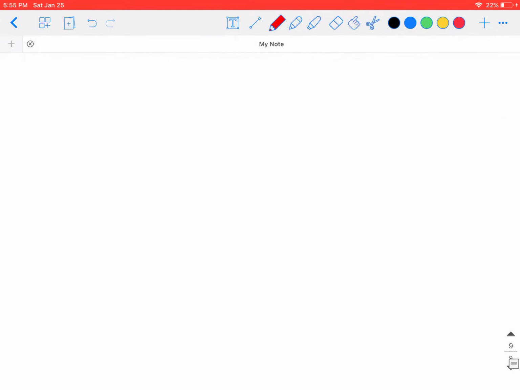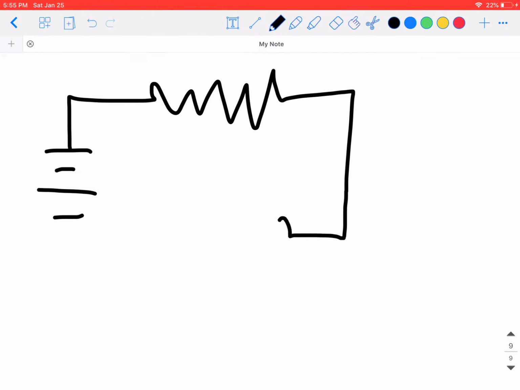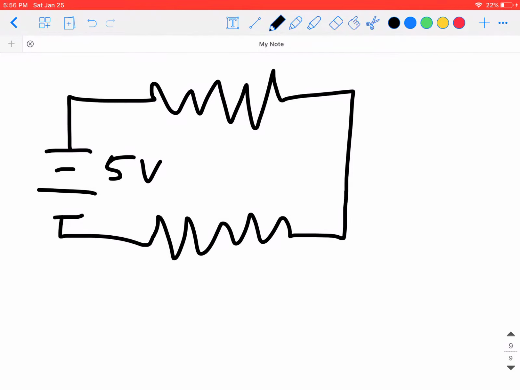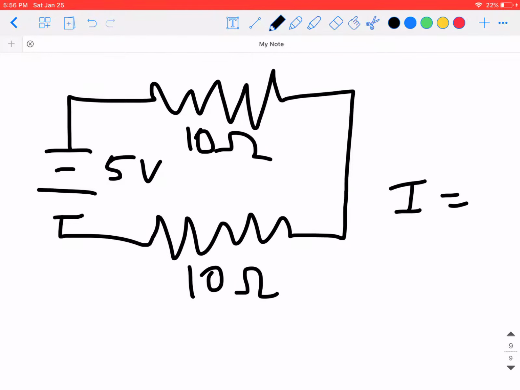Now, the more commonly confused thing is how current splits. Whenever you have a circuit that has resistors in series, so for instance, something that looks like this, the current throughout the circuit stays the same. Remember how in our worked example, if that was 10 volts, 10 ohms, and that was 10 ohms, we said that the total current would just be 5 divided by 20, so 0.4, remember?